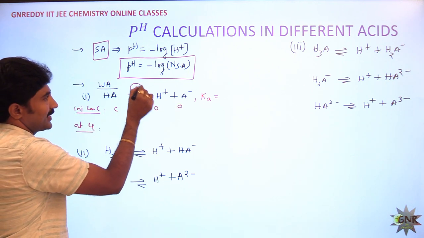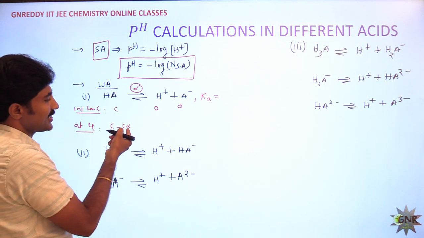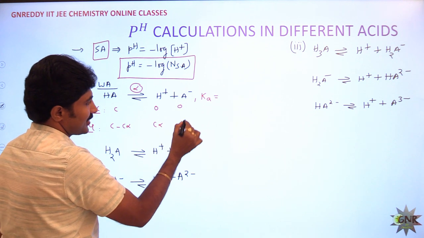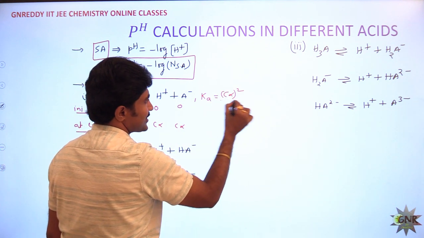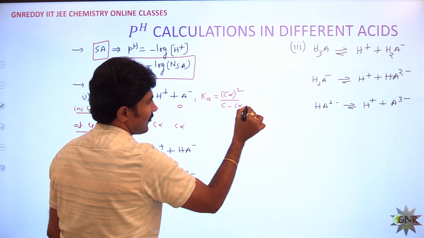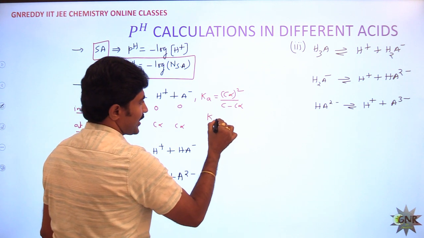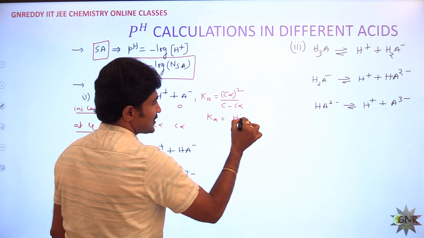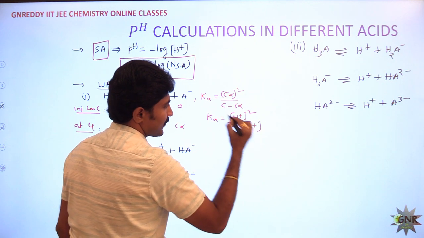If alpha is the degree of dissociation, at equilibrium C alpha is consumed, leaving C minus C alpha, and the products are C alpha, C alpha. From this we can write C alpha whole square by C minus C alpha, and you know H plus is equal to C alpha, therefore Ka is equal to H plus square by C minus H plus.